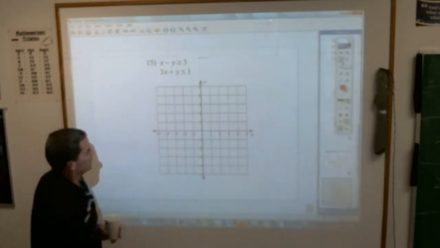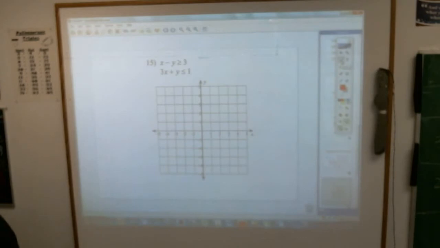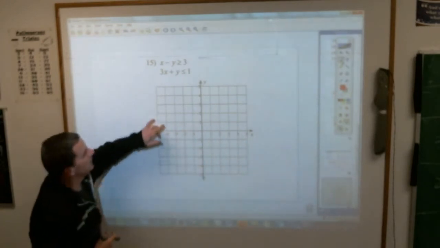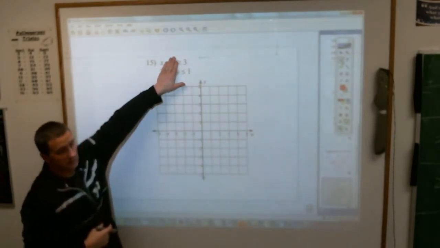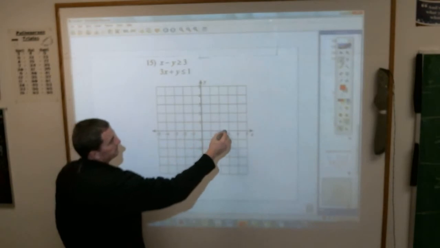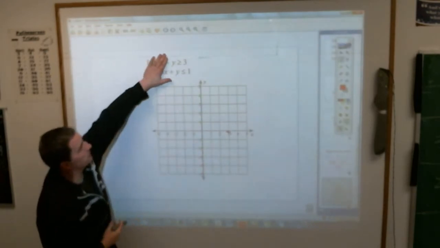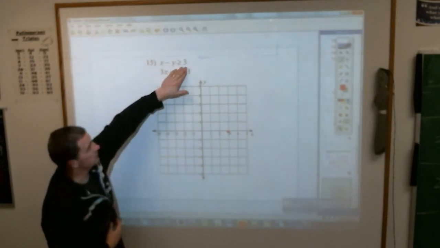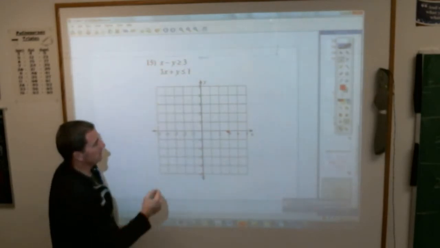Again, the first thing I always look for is, are there some negative y's to watch out for? Yes, there is. The top one's going to be opposite. The graph in this should be pretty easy because here x-intercept is 3, y-intercept is negative 3. Negative y equals 3, so y equals negative 3.